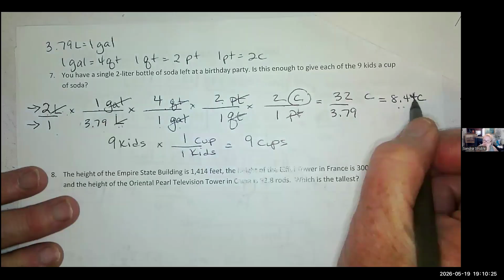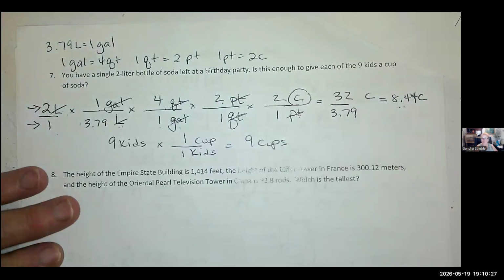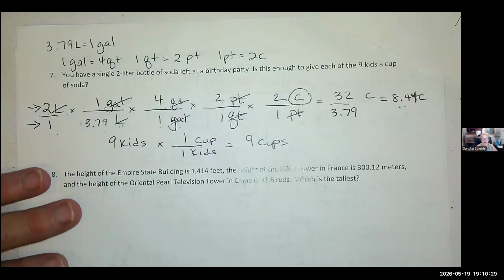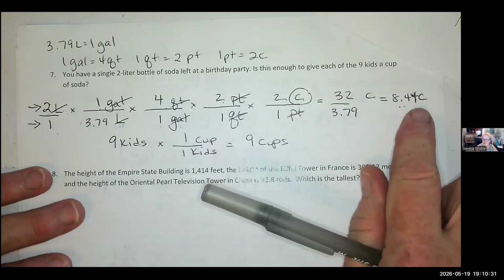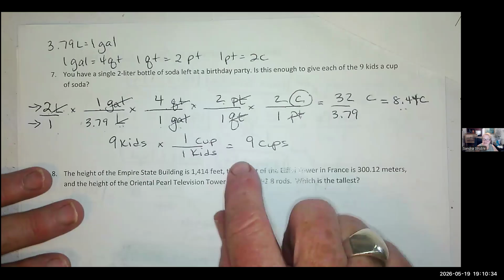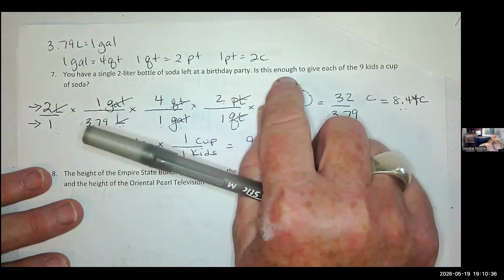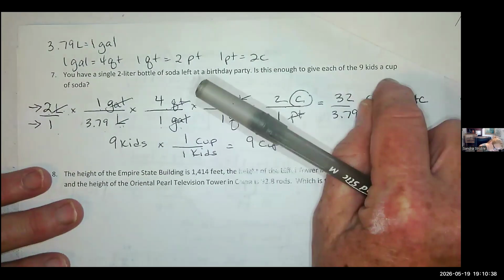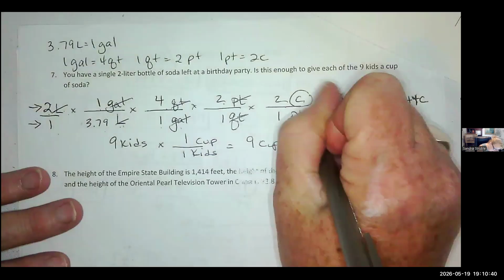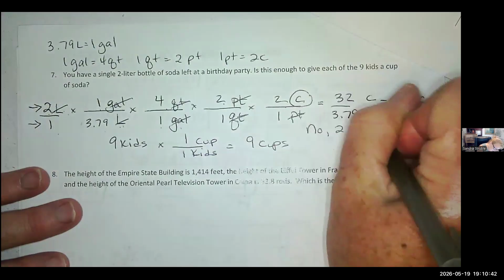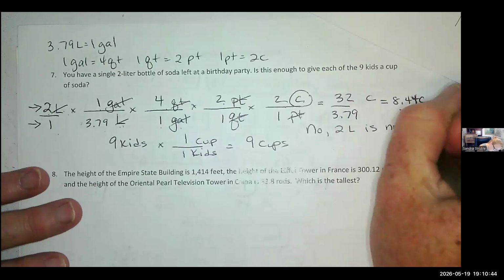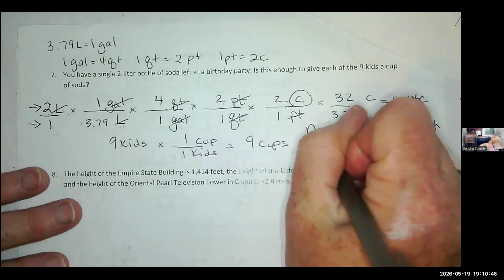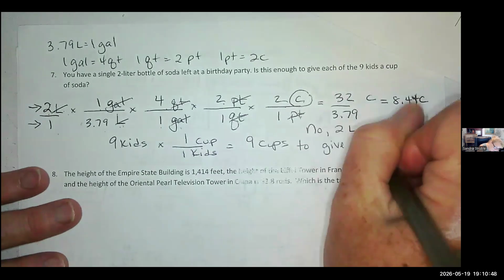No. So your answer is not 8.44 cups. Your answer is not 9 cups. Your answer is, is this enough to give each of the 9 kids a cup of soda? No, 2 liters is not enough to give 9 kids a cup of soda each.